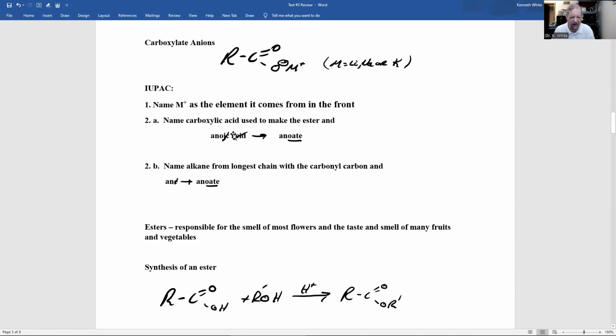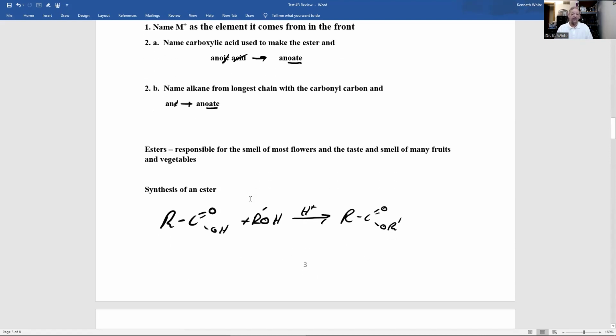The IUPAC is consider this carboxylate anion, if it was really OH, name that as a carboxylic acid, drop the IC in the word acid, and add ATE. Now, the student's method also works, except when R is a benzene ring. And in this case, like before, name the longest chain with the carbonyl carbon as an alkane. Drop the E and add OATE.